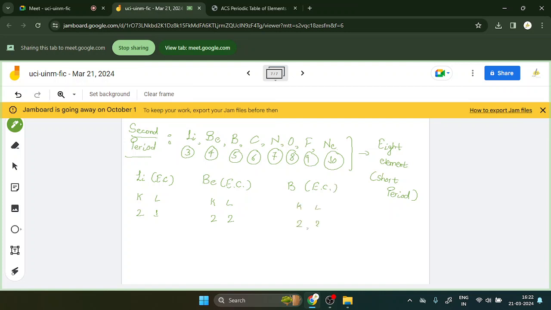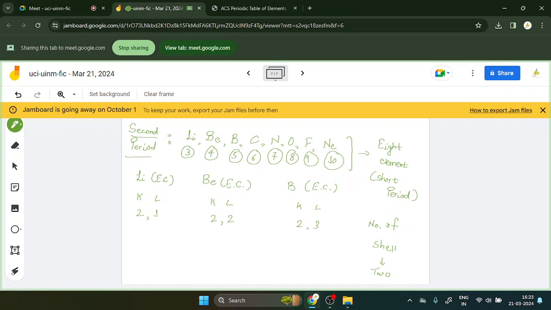So how many shells are here? As you can see, only 2. So the number of shells is 2. Clear? Which means every period: first period has only 1 shell, second period has how many? 2 shells. Third period will have 3 shells.